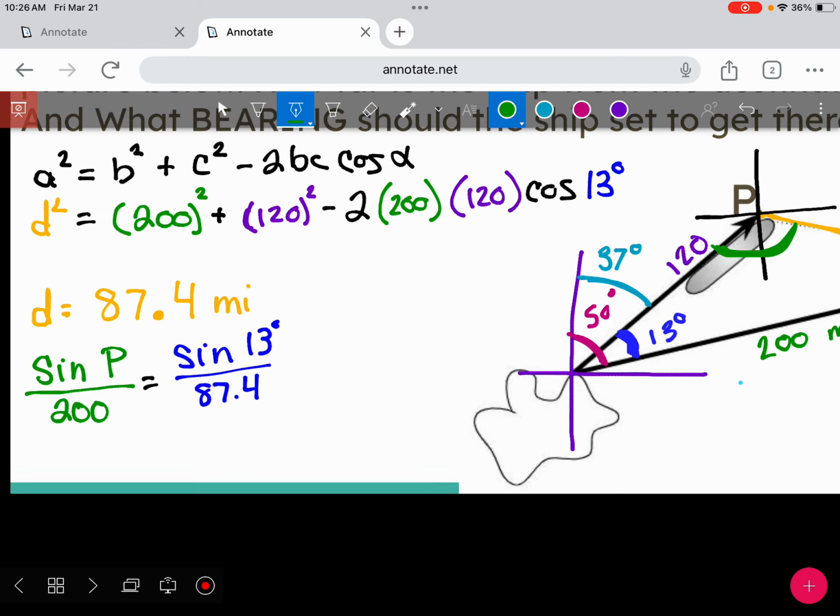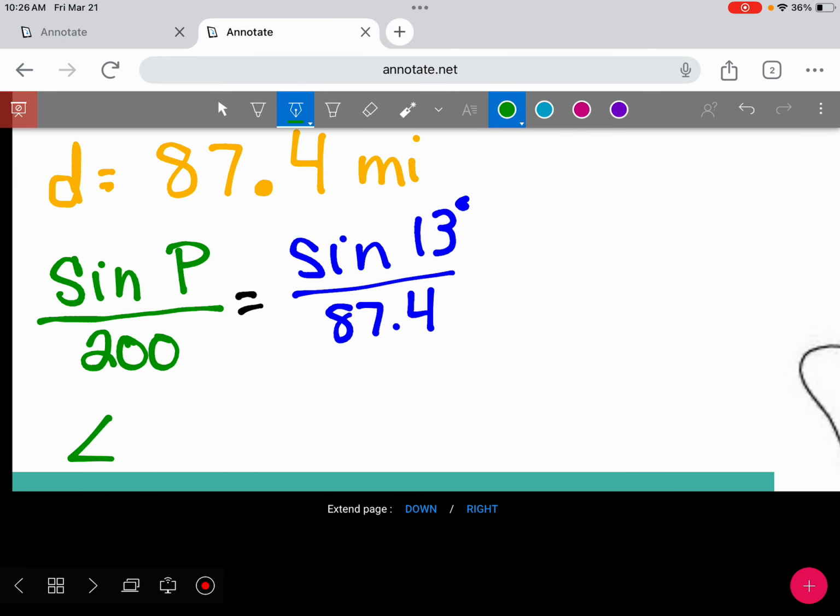So we can figure out the measure of angle P. What is the measure of angle P going to be? We should get 31 degrees. Does that make sense logically right there, for that to be an acute angle at 31 degrees?